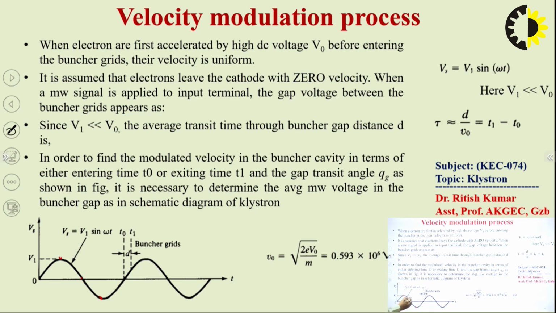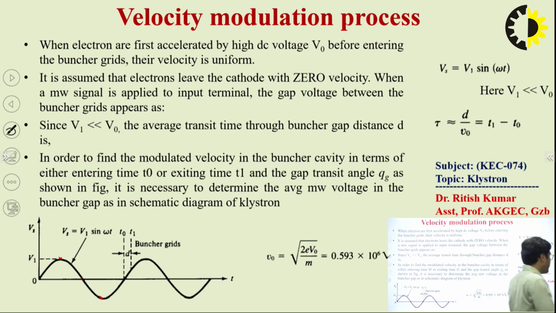At the zero crossing point, the electron velocity is not affected. In the positive half cycle, the velocity of the electron increases, and in the negative half cycle, the velocity of the electron decreases.